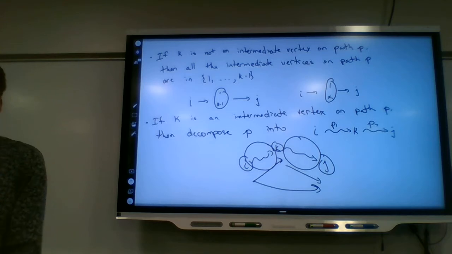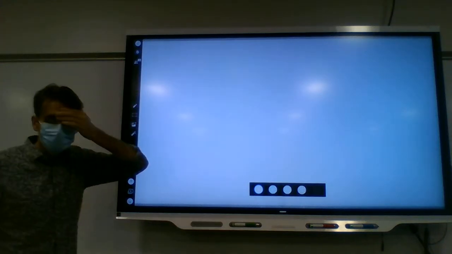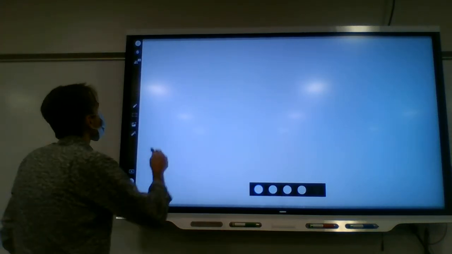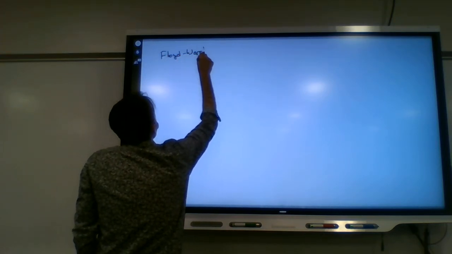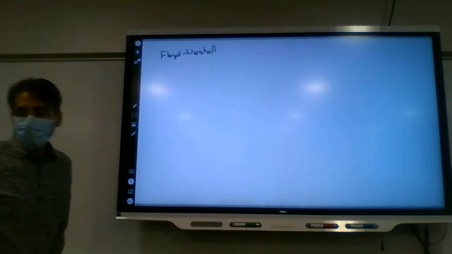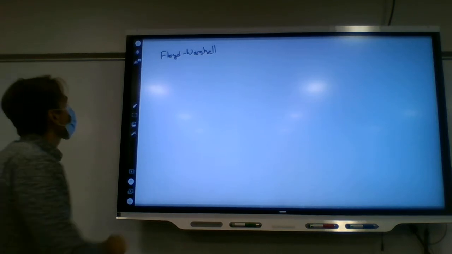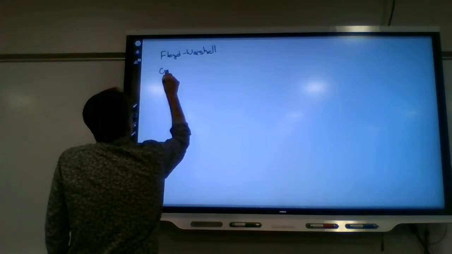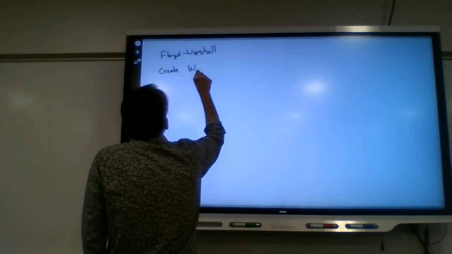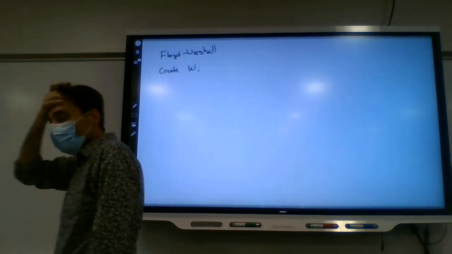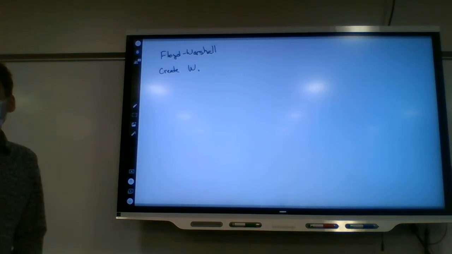Okay, let's do this with an example. Actually, first of all, let's write down some pseudocode for the algorithm. Our first step is we're going to create a matrix W, which is our adjacency matrix, but with the weights.